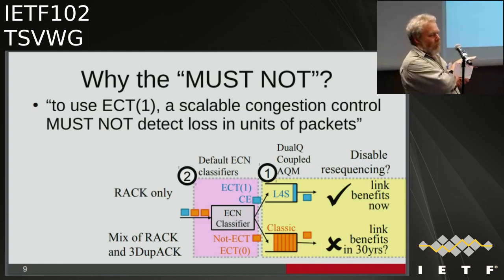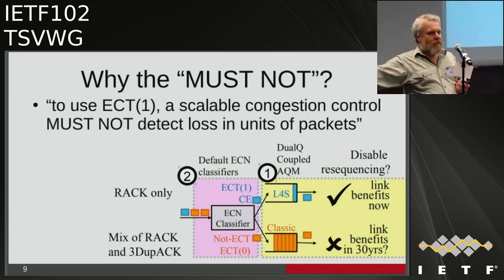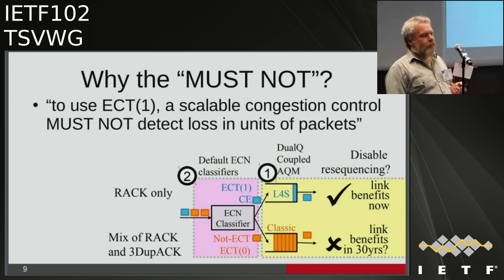And so when you've got a mix of rack and 3-dupack TCP in the classic queue, you won't be able to get any benefits in the link layer for maybe 20, 30 years until all the old 3-dupack stuff has gone out of the system. But if we start afresh with this L4S queue and say, no, only do time-based, then we can get those benefits immediately.